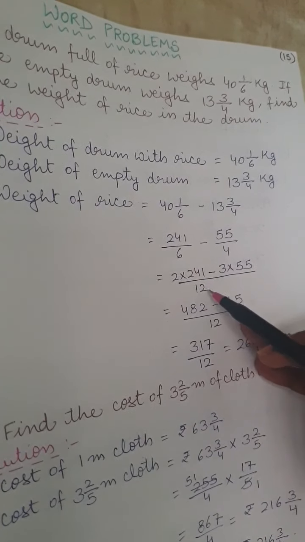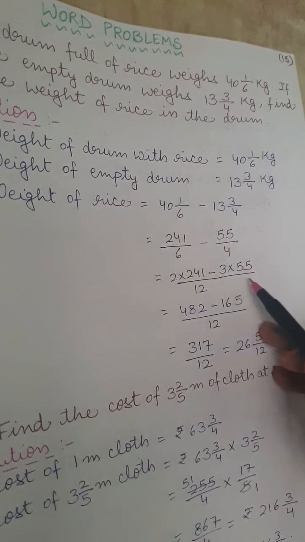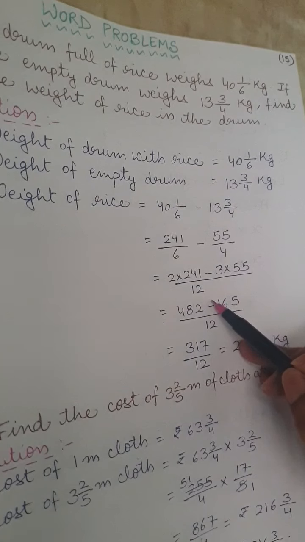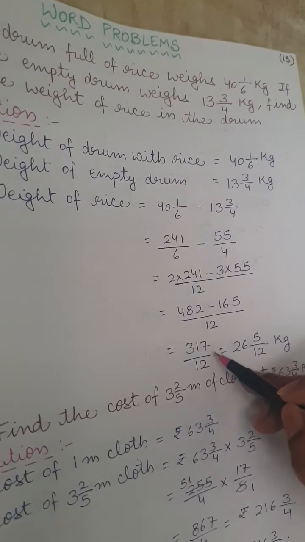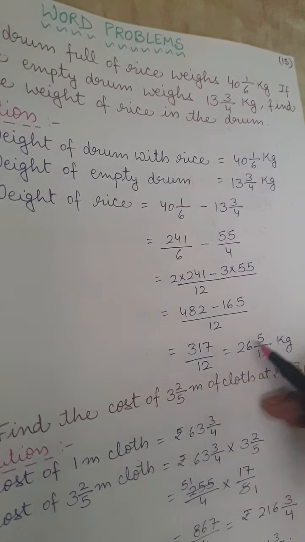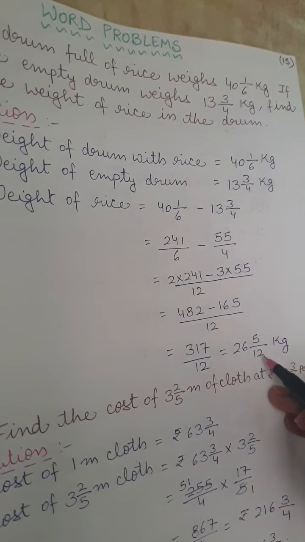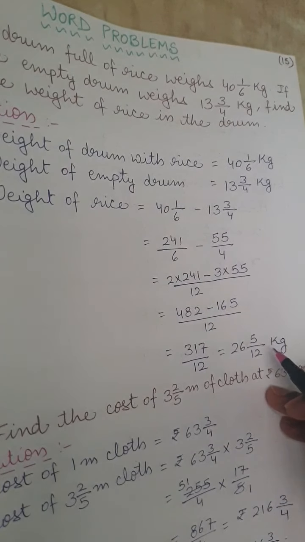Now 2 multiplied by 241 minus 3 multiplied by 55 divided by 12. After solving we get 317 upon 12. If we convert it into a mixed fraction, the answer will be 26 and 5/12.